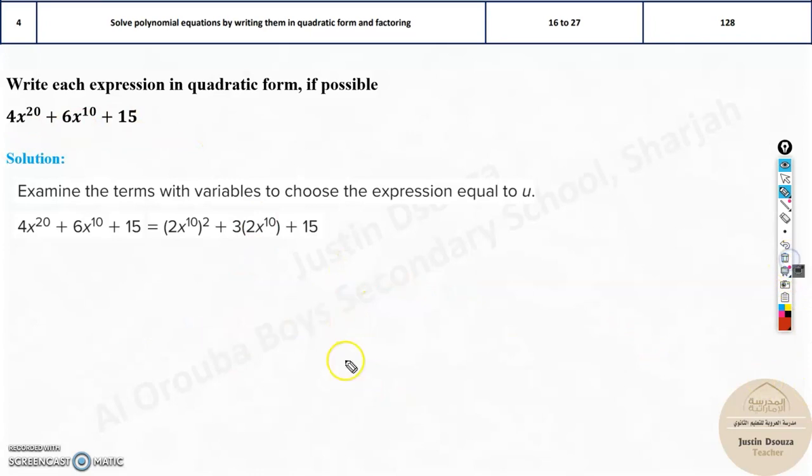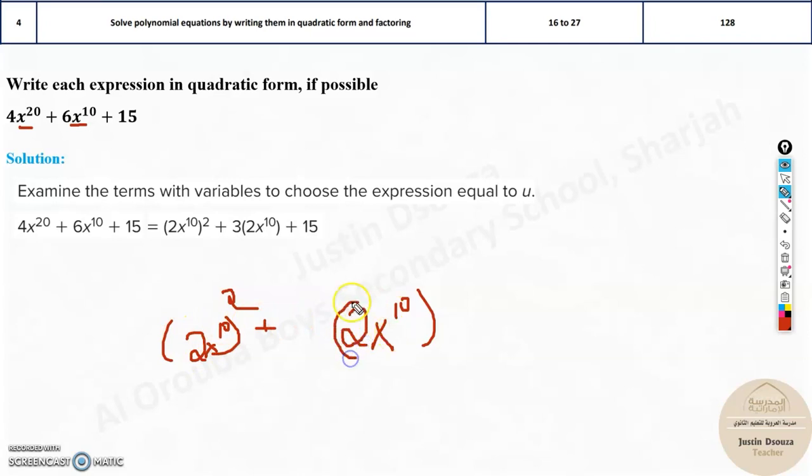This is the easiest way, but how to solve it is also very easy. First, look into these powers. Yes, I can reduce them as x to the power 10. But now if you look closely, 4 is 2 squared. So how about I write (2x to the power 10) the whole squared plus. Now if I've written this term as 2x to the power 10, I need to write 2 over here as well. So now these two terms are the same. This is like x squared plus x, but there's some coefficient behind this.